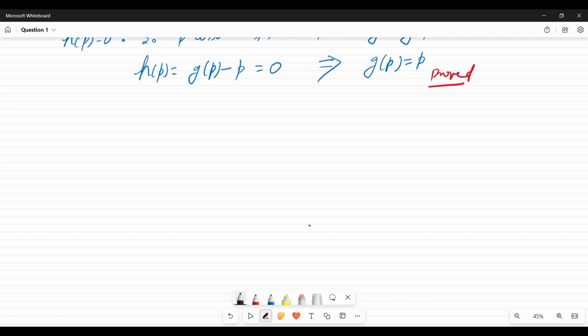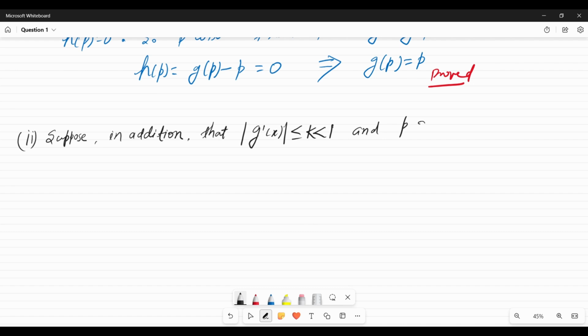Now suppose in addition that the modulus of g'(x) is less than or equal to k, and p and q are both fixed points in [a, b].